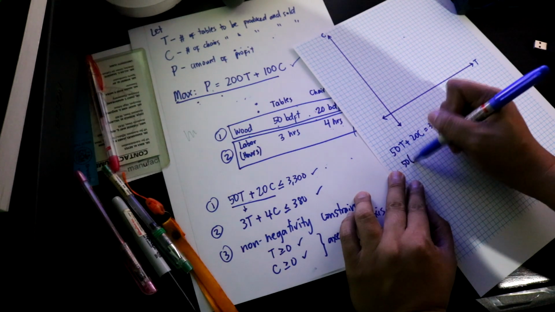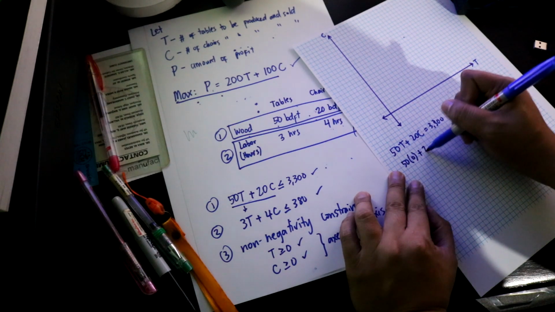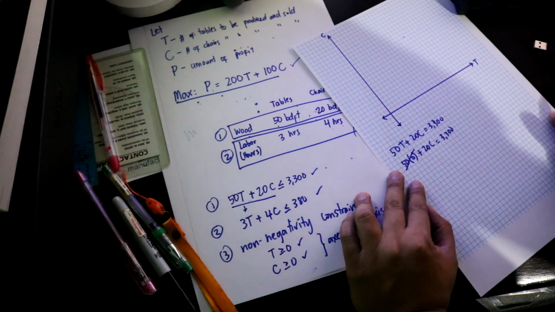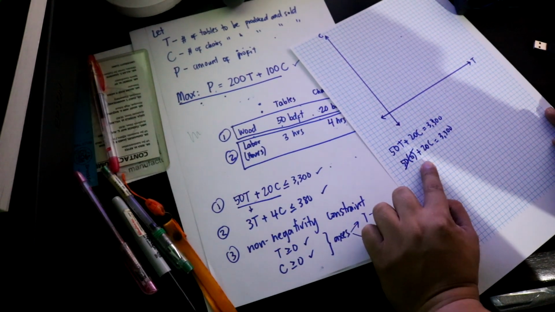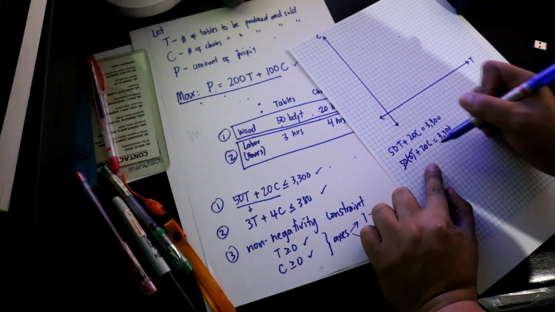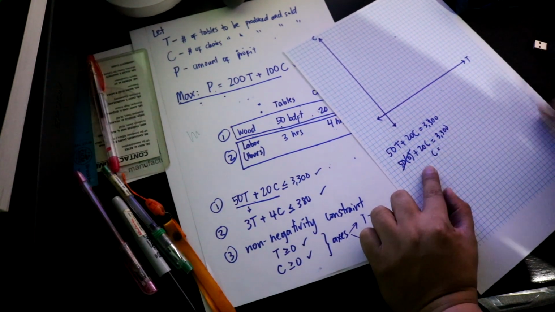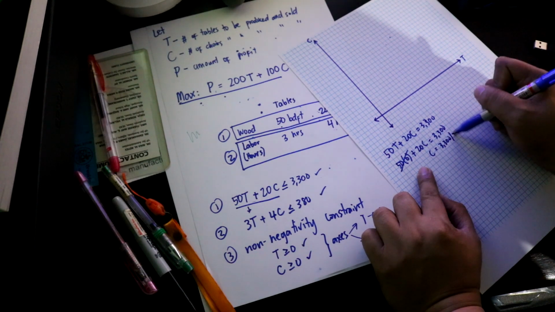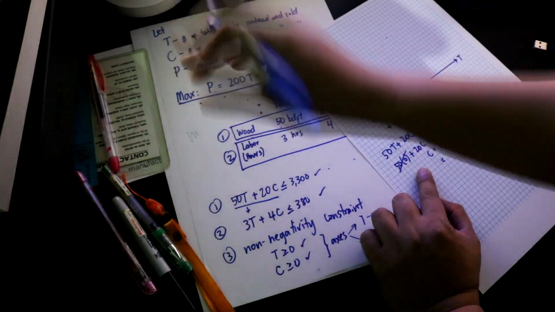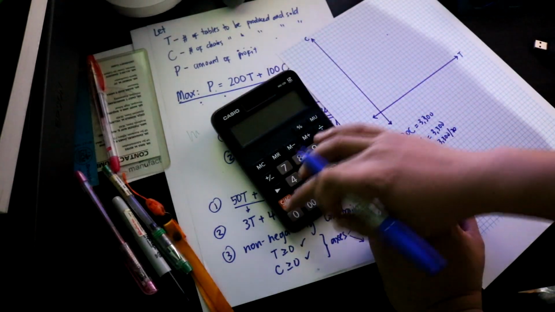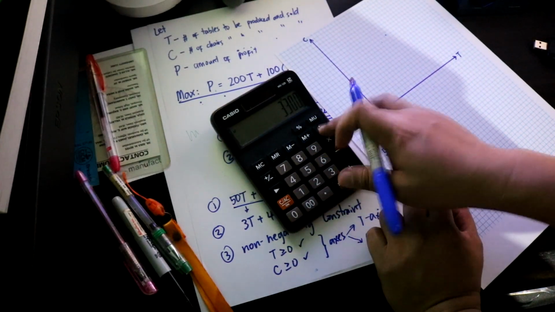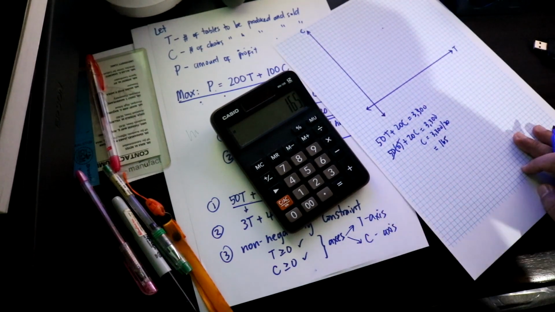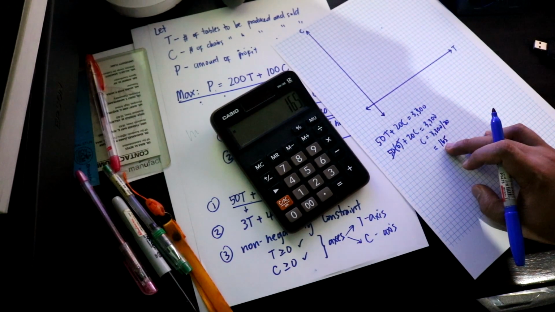Then 50 times 0 plus 20c is equal to 3,300. This is 0, and c would now be equal to 3,300 divided by 20, that would be 165. C is equal to 165.